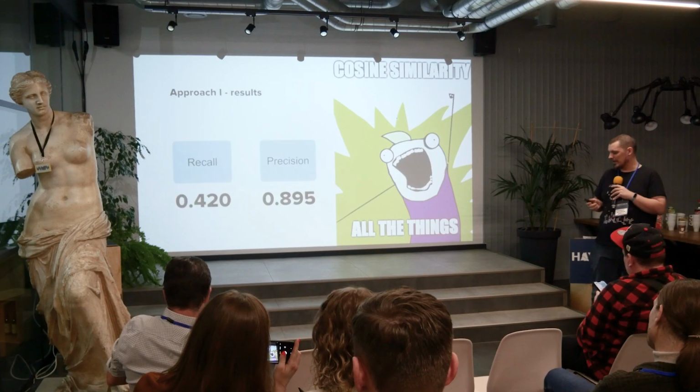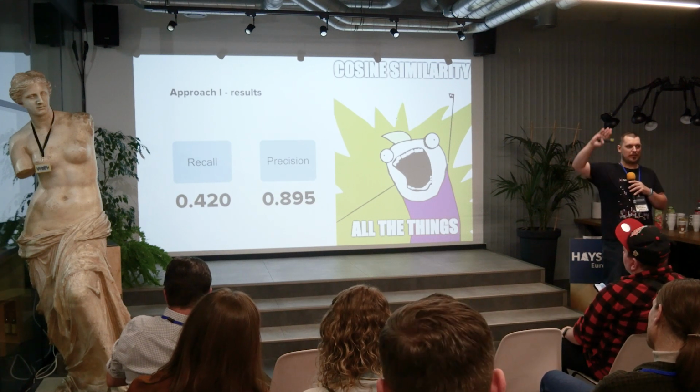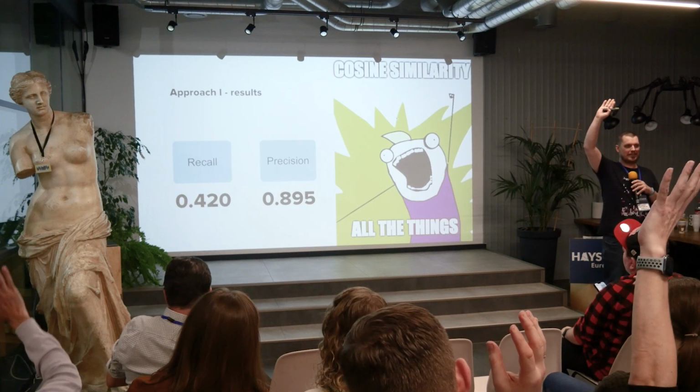I will show two numbers on this: recall and precision. I'm assuming most of you know what recall and precision are. Who knows what recall and precision are? Okay, a quick explanation for folks who don't know. Precision is a measure of how many relevant results were returned to the user. So in our case, how many of the found duplicates were actually duplicates of the question we were analyzing.